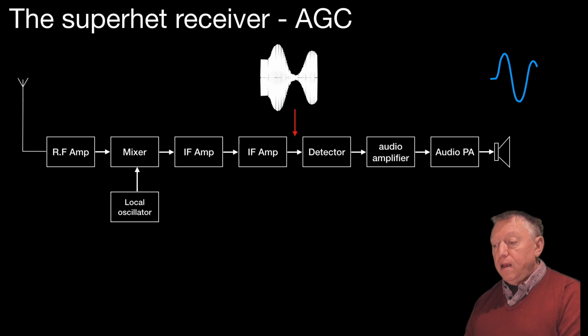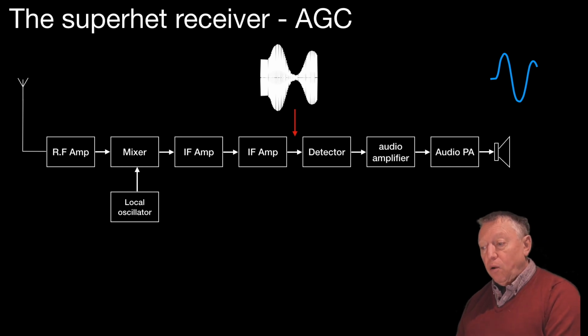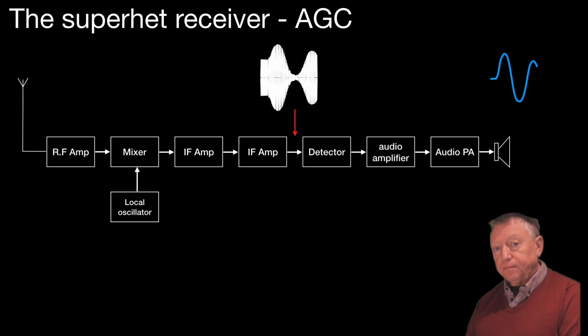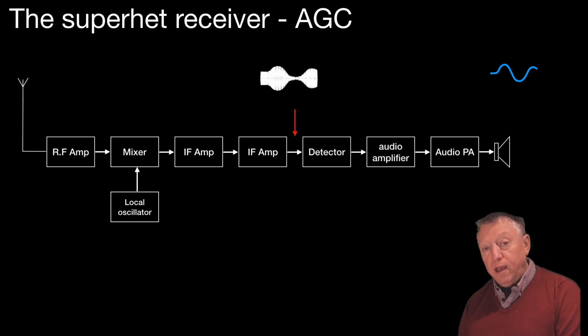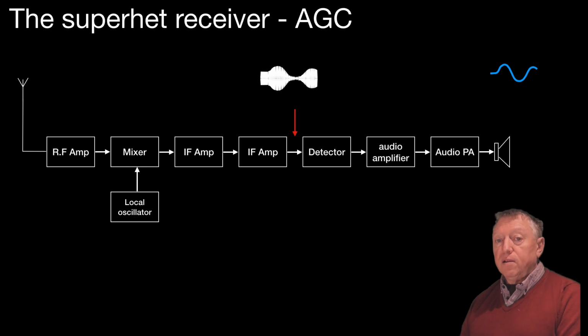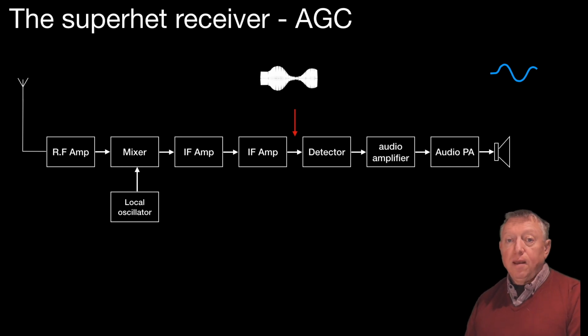And there I've shown an envelope with considerable, perhaps exaggerated amplitude, and that will produce a loud noise out of the speaker unless we quickly adjust the audio amplifier. On the other hand, if I had a small signal or a small amplitude variation into the detector, that will result in a small amplitude variation coming out of the speaker.